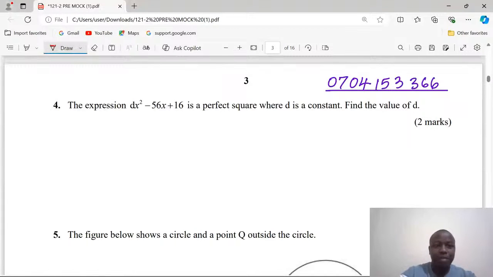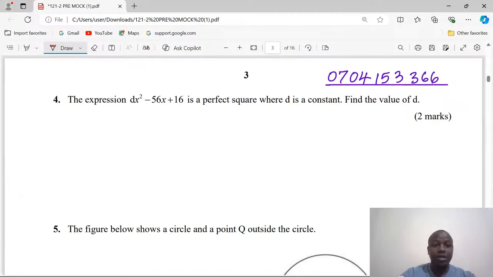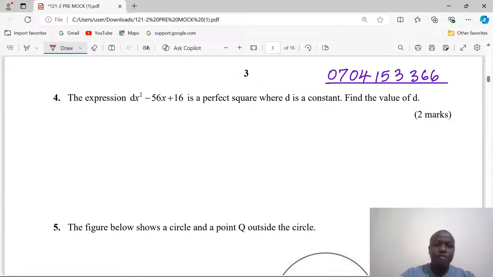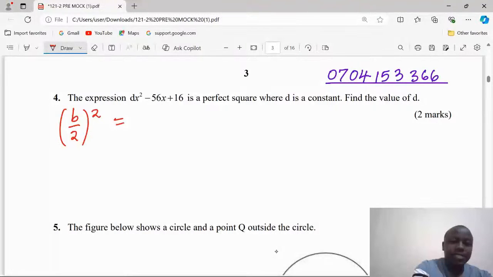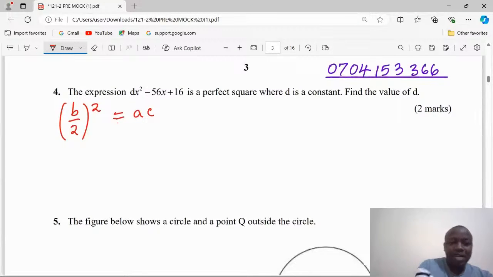Let's continue with number 4. The expression provided here is a perfect square. It's good for students to remember that the terms in a perfect square usually have a certain relationship, and that is when we take the value of B divided by 2, squared, it equals the value of A multiplied by C. According to what we have here, B is negative 56.